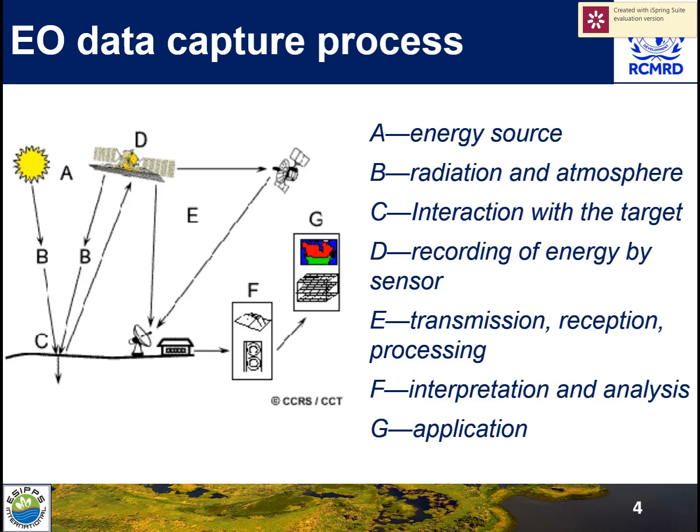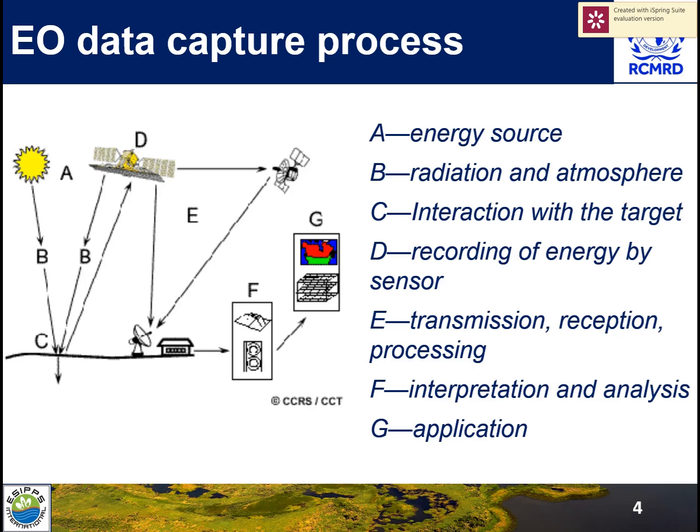When this energy is reflected, both from the sun and from the satellites themselves, this information, in terms of the electromagnetic spectrum, is captured or detected by the sensors within the satellites. And the satellite relays this information to another satellite, and or it relays this information back to the receiving station.